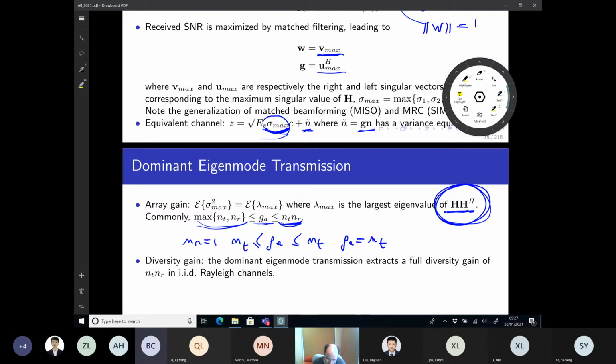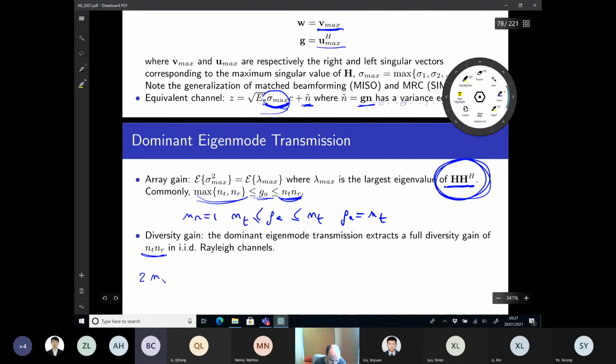What you can show as well, and it's a bit more complicated, is that you also end up with a diversity gain that is equal to NT times NR. If you have two transmit antennas with Alamouti, you remember we had 2 NR. That's the diversity gain we get with Alamouti. So here, if you have two transmit antennas and you do dominant eigenmode transmission, you would end up with the same diversity gain as Alamouti.